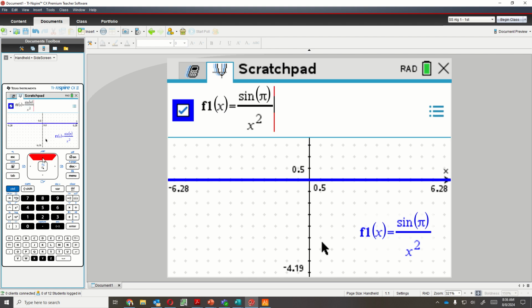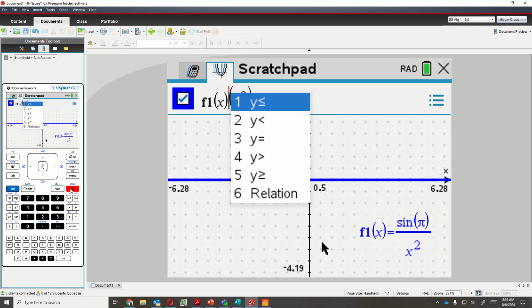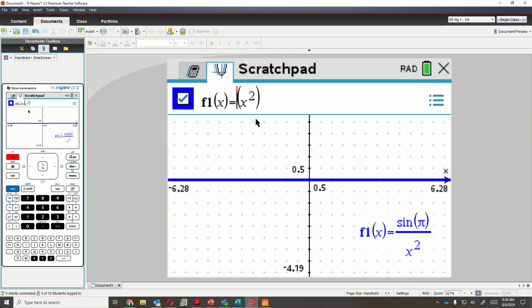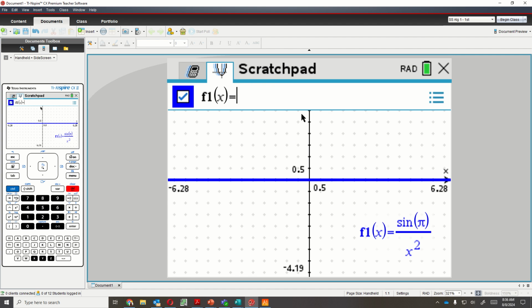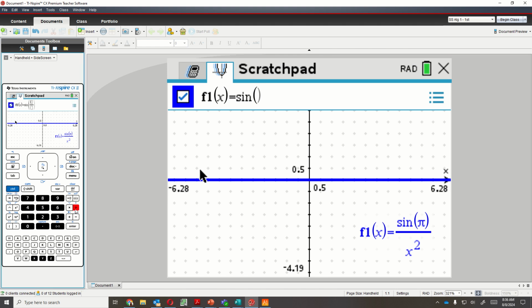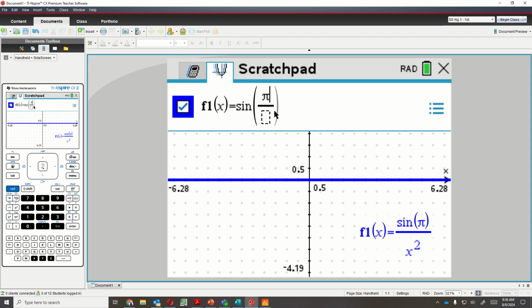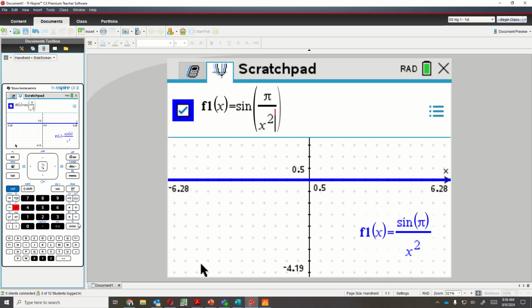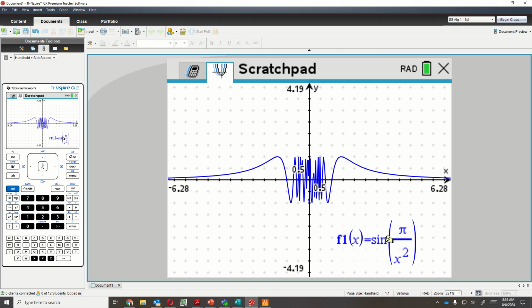Tab, arrow up. There we go. Okay. There we go.